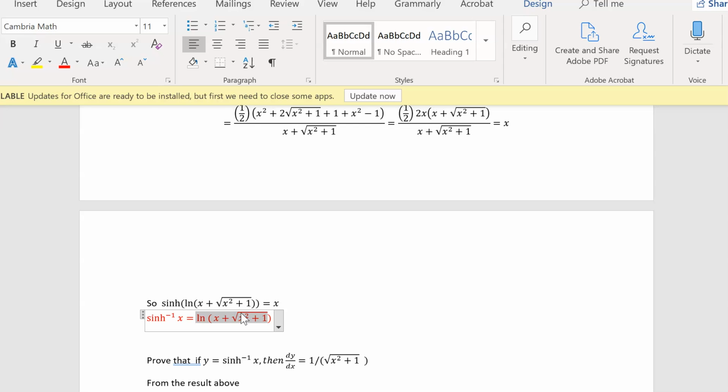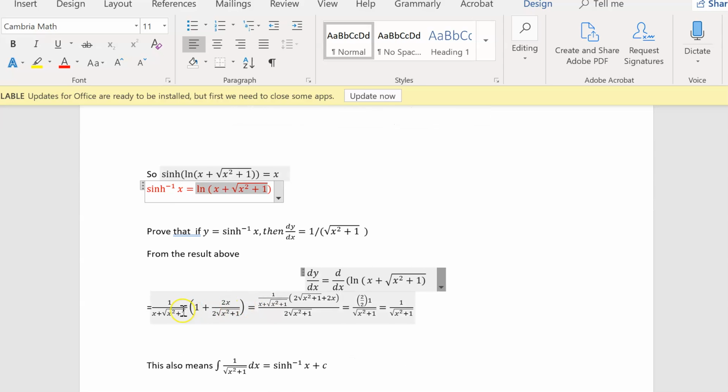To differentiate that, you go 1 over the chunk. So you have 1 over the chunk, and then you go inside and simplify. The derivative of x is 1, and then we differentiate the square root using the chain rule. You get 1 over twice the radical times the derivative of what is inside, which is 2x. Once again, if you simplify the denominator, you will land with this final answer.